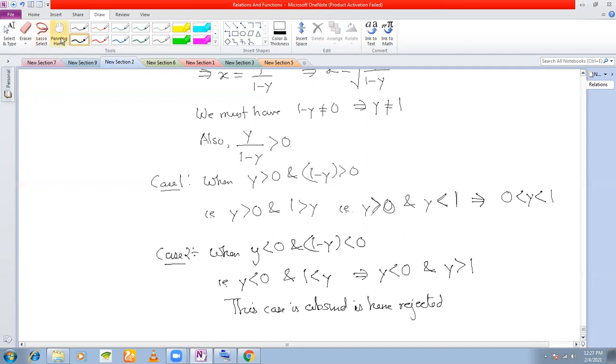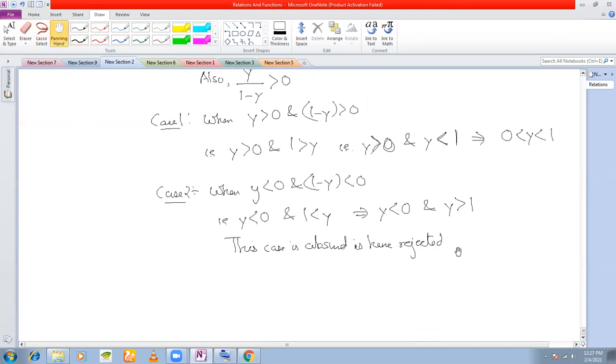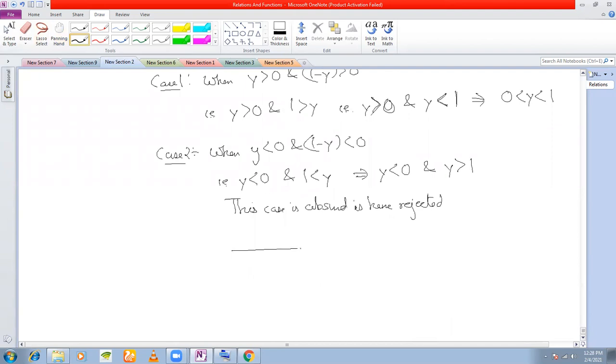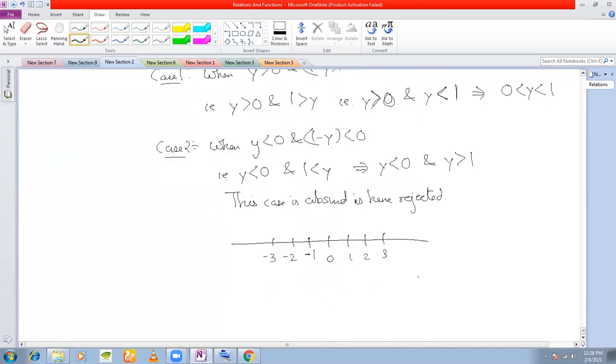Therefore, what are the two conditions that you are getting here? The first condition is that y is not equal to 1. Let us see on the number line. This value it cannot take.